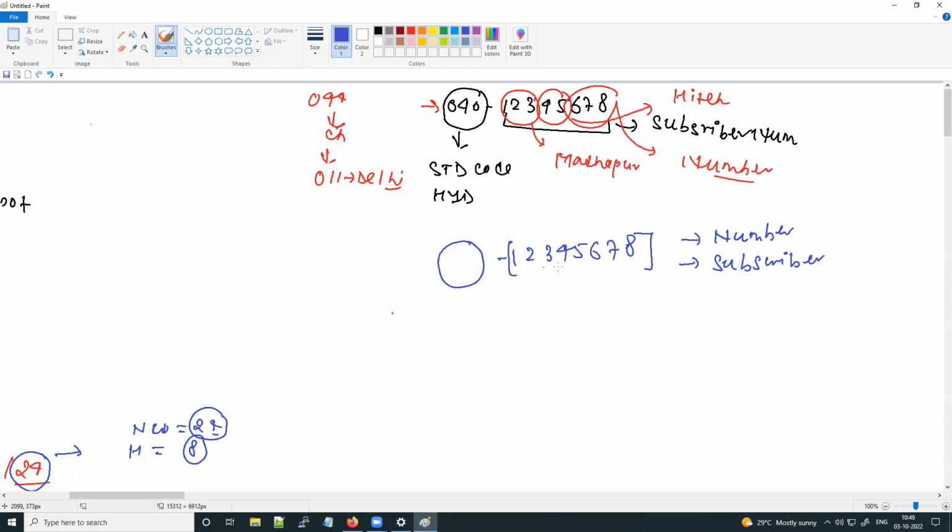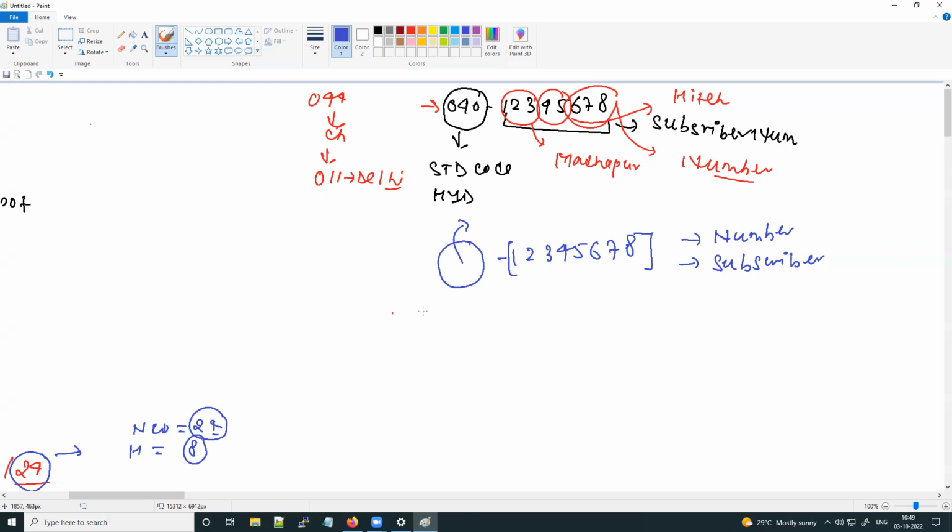You can say it's a number, but you won't be able to understand if it's a subscriber number. Let's suppose you understand it's a subscriber number. Then how will you identify whether the number resides in Hyderabad or somewhere else? It's very tough to identify.